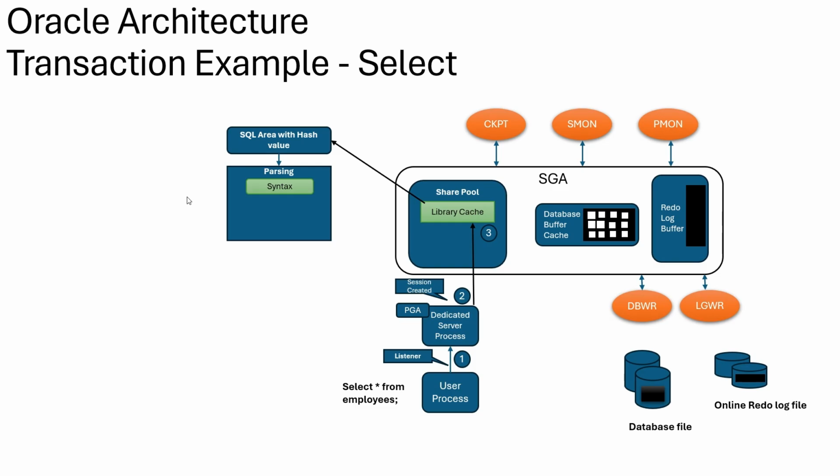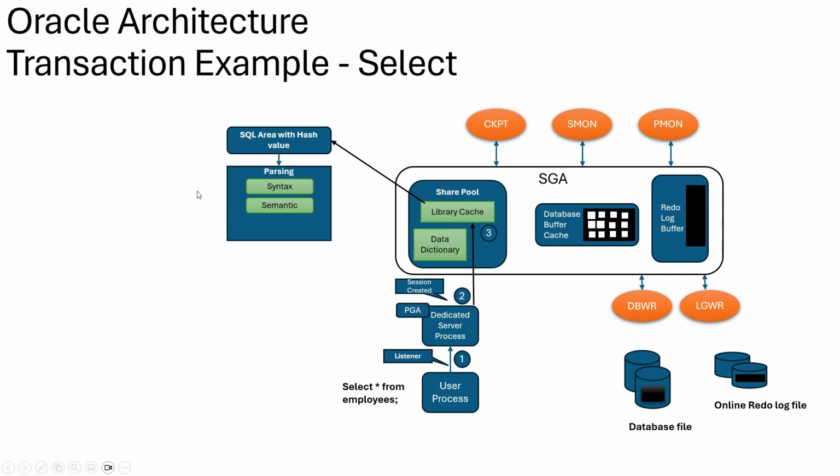The syntax check will perform those checks. And then the semantic check. The semantic check will check the database objects, whether a particular table or column exists or not, and whether the user who connects to or retrieves from that particular object has the privilege or not.